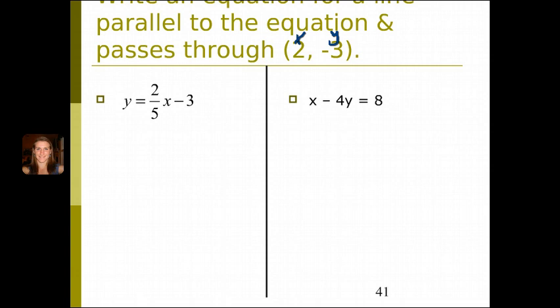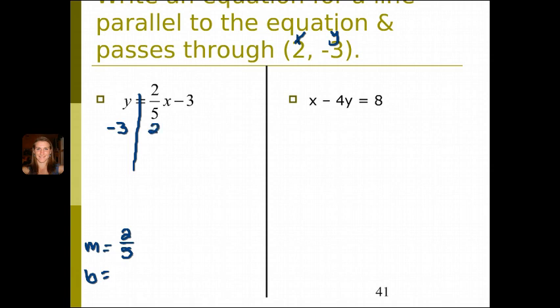Okay? First example on the left is much easier because we already have our slope. So we're looking for a slope and a y-intercept. Well, my slope has to be the same if it's parallel. So I know that I'm trying to keep this same slope. So I'm going to go ahead and plug in negative 3 for the y.